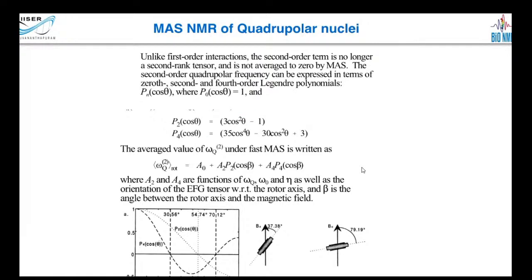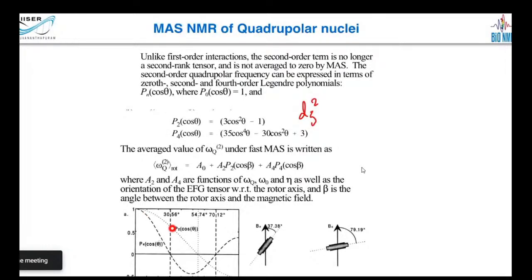This is the dz squared orbital of your hydrogen atom. So this is 3 cos square theta minus 1. But here it is not only the second order Legendre polynomial, but also the 4th order Legendre polynomial that is there. So you have 2 types of angles.